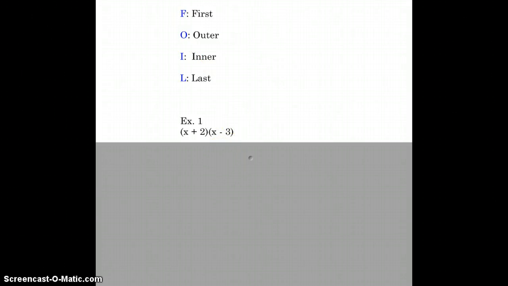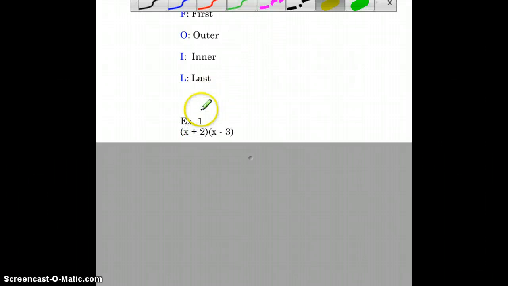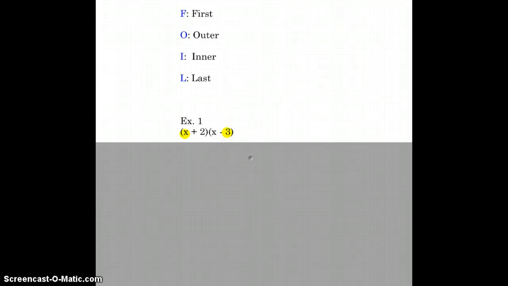Our yellow ones are our first terms right there. Our outer terms would be the outside terms. The inner terms right here. And then our last terms, the last terms of each quantity, right there. So that's what we mean when we say FOIL.